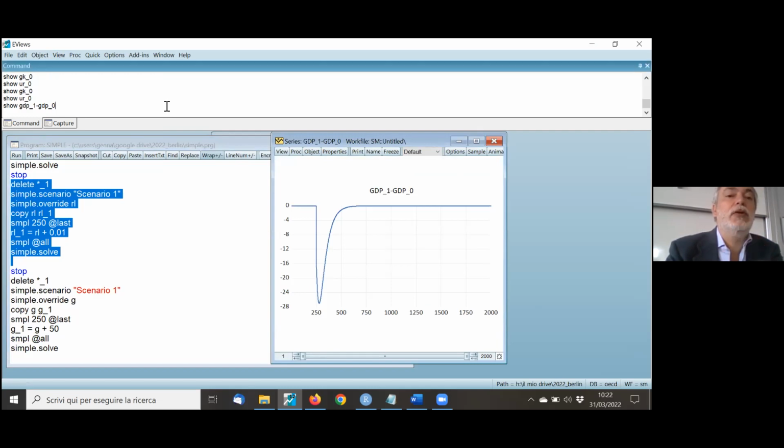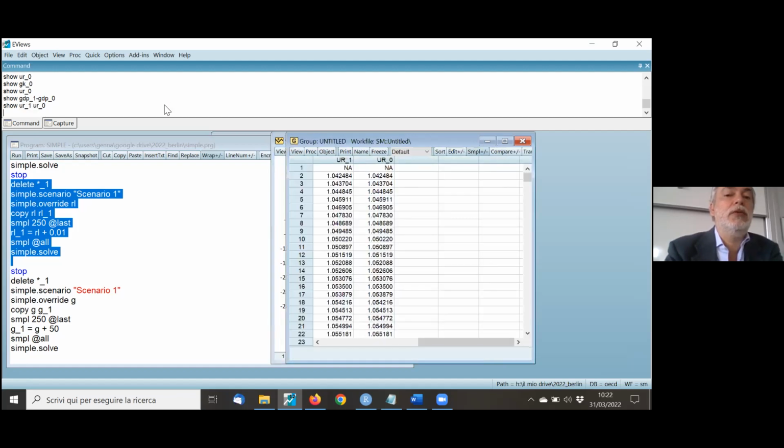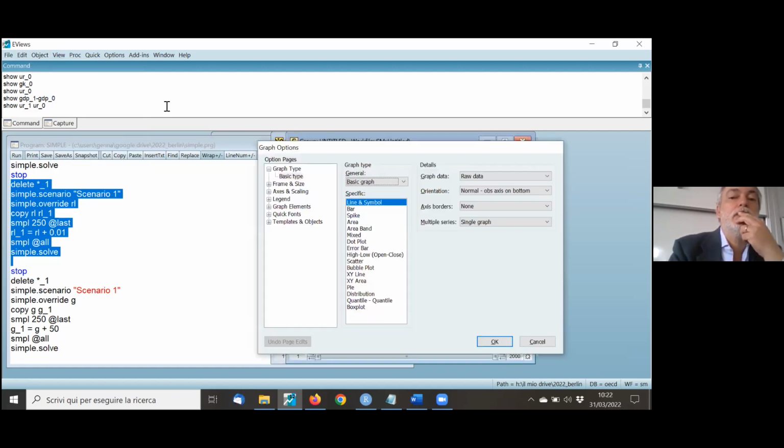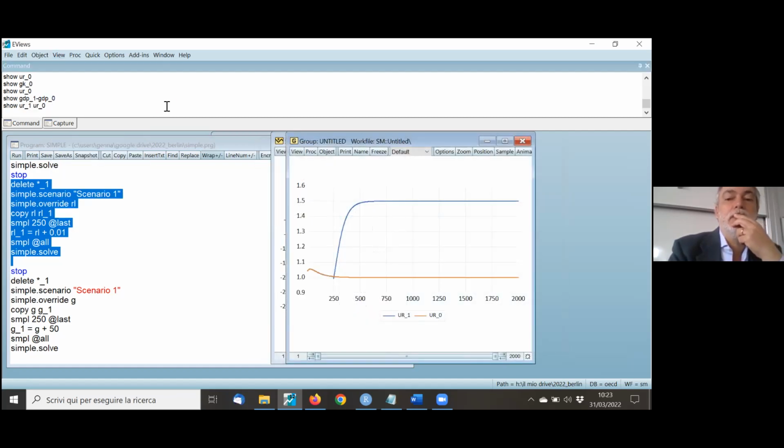I don't think there is a growth effect. Because this goes down to the utilization rate, I think we go back to where it was. No, it's permanently higher than it was.